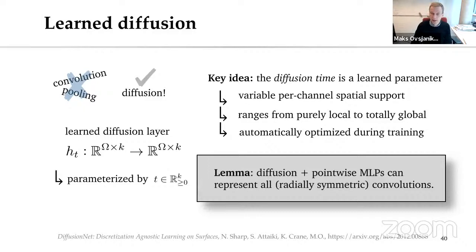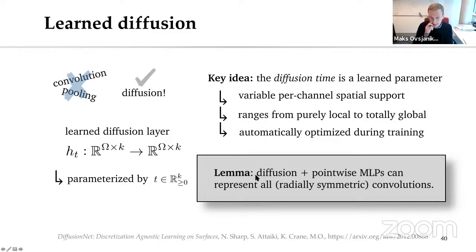So we have a variable spatial support by choosing this diffusion time, and it can range from purely local to totally global. This allows us to not use any pooling hierarchy, because the network can decide if it needs local or global support by choosing the right diffusion time. This is optimized during training, so we have this parameter t for every layer.